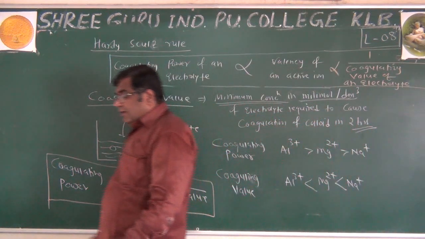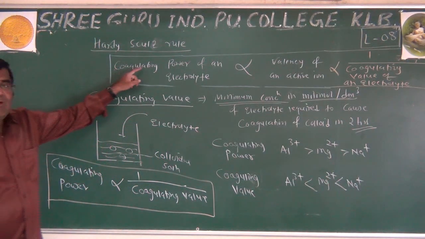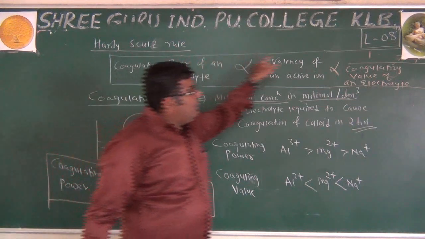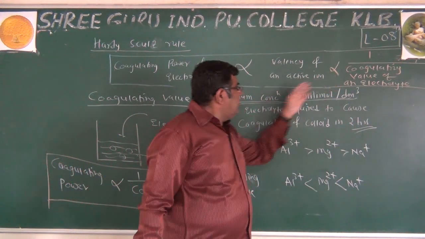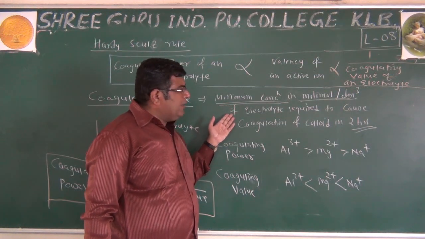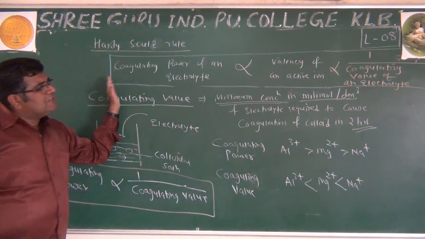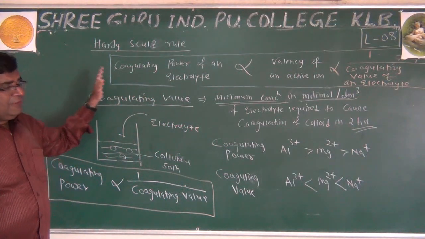Coagulating power is the capacity of an electrolyte to cause coagulation. Coagulating value is the minimum concentration in millimoles per cubic decimeter of electrolyte required to cause the coagulation of colloid in 2 hours. So this is the way in which we can relate this.